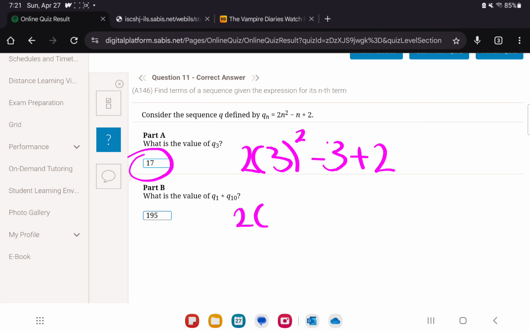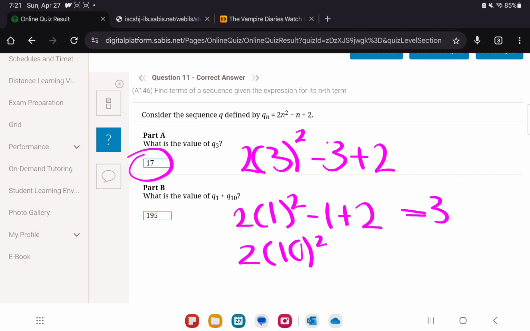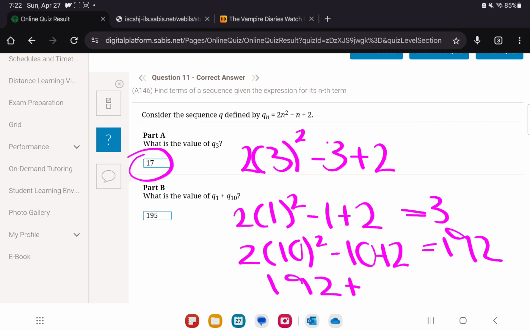So for Q1 you get 3. And then for Q10 you get 192. So 192 plus 3, you get 195. That's your answer.